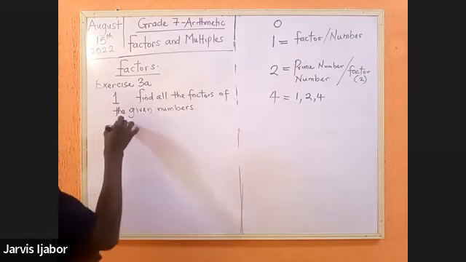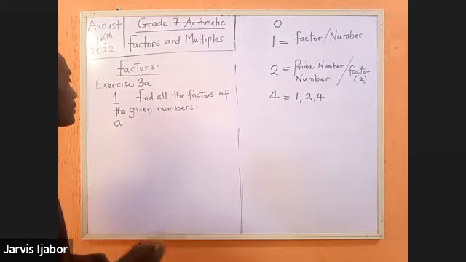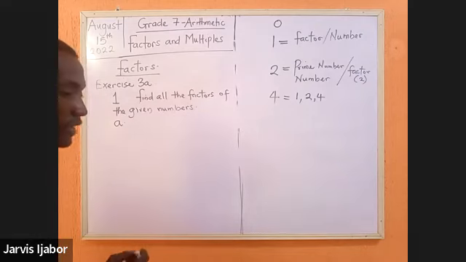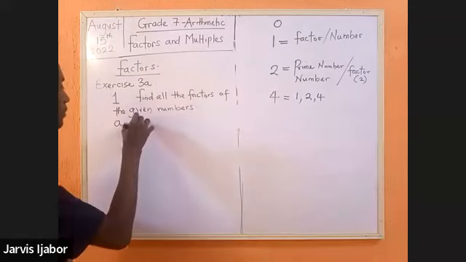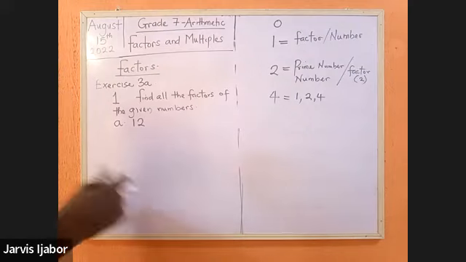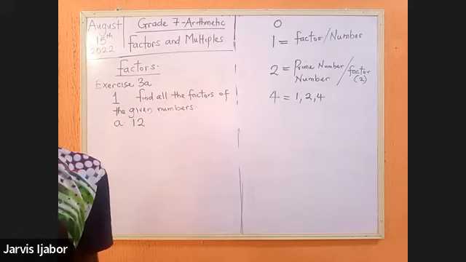So look at A. It says 12. Now, there's something we call the factor tree. Now, let's start with a very simple approach to help us grow.